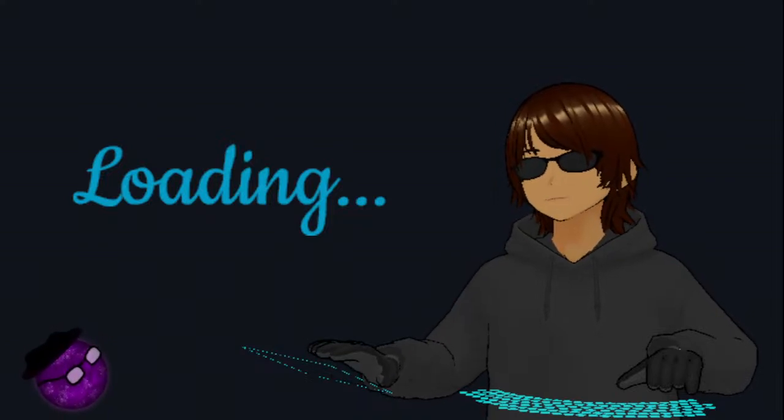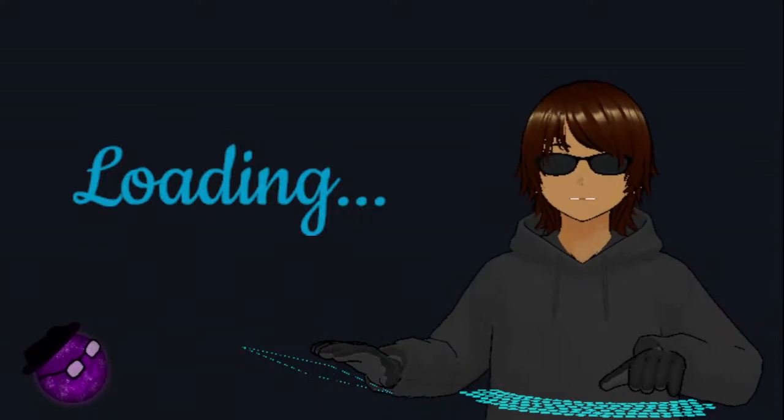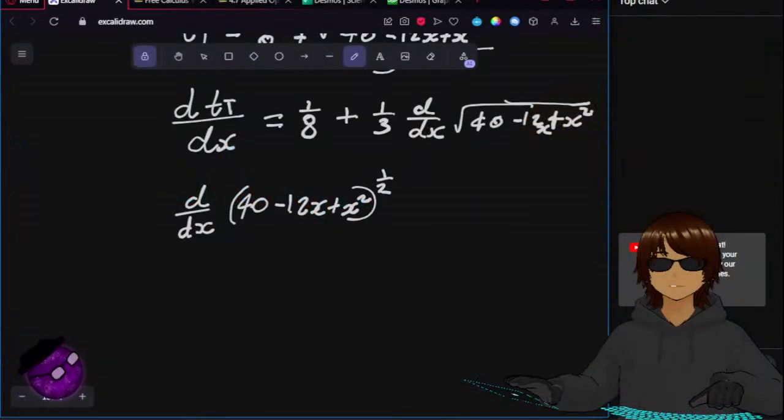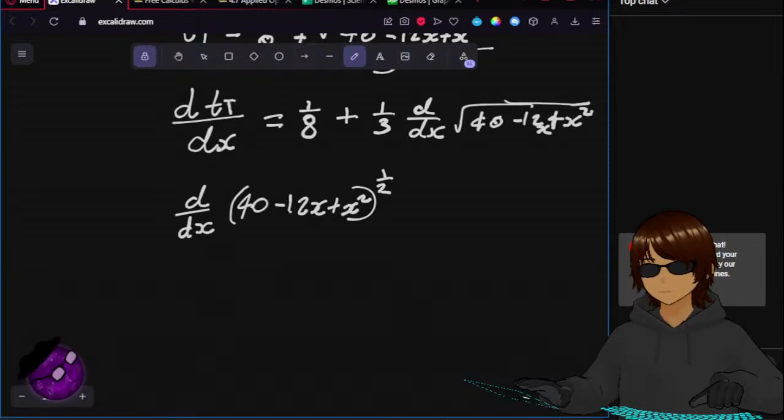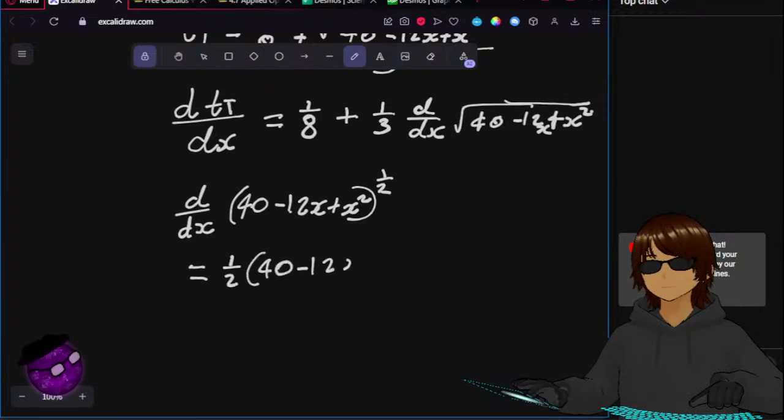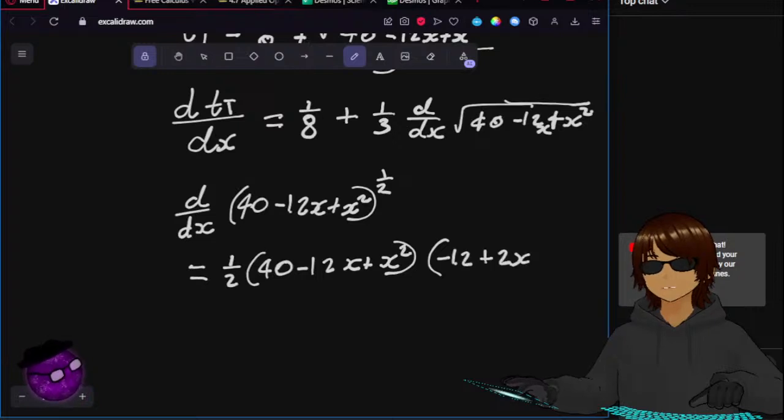Anyways, okay, derivative of this. So the half comes here. Derivative of the outside times the inside derivative. Minus 12 plus 2x.